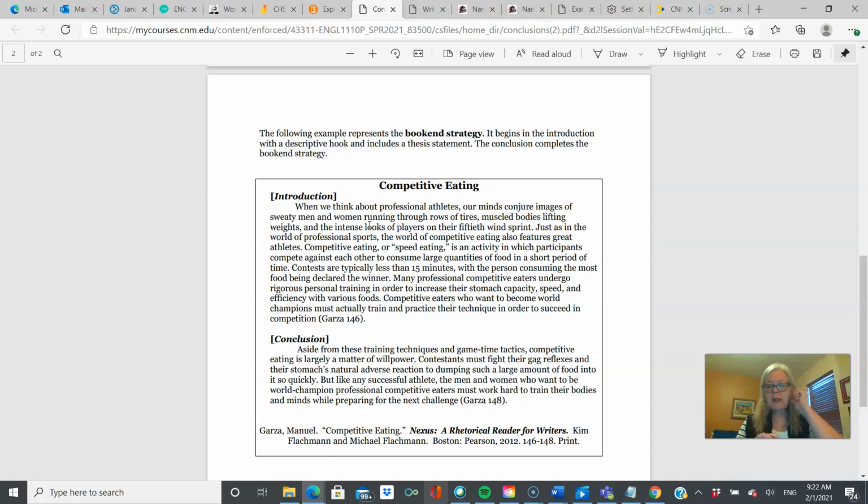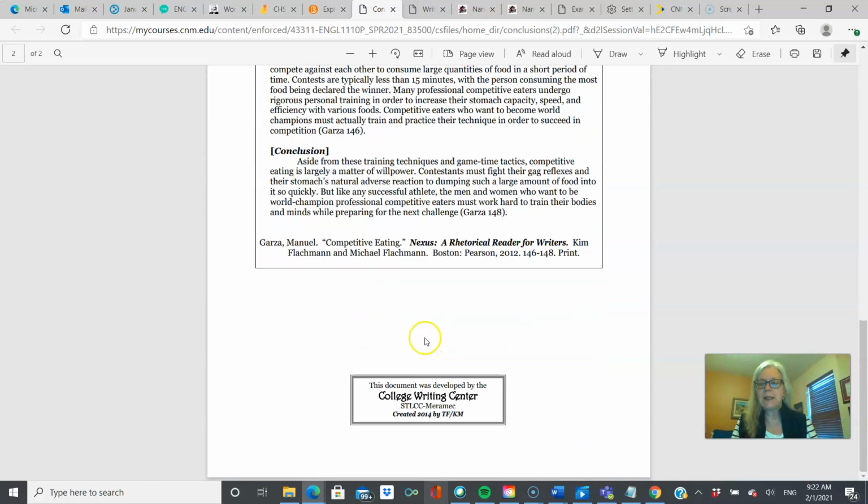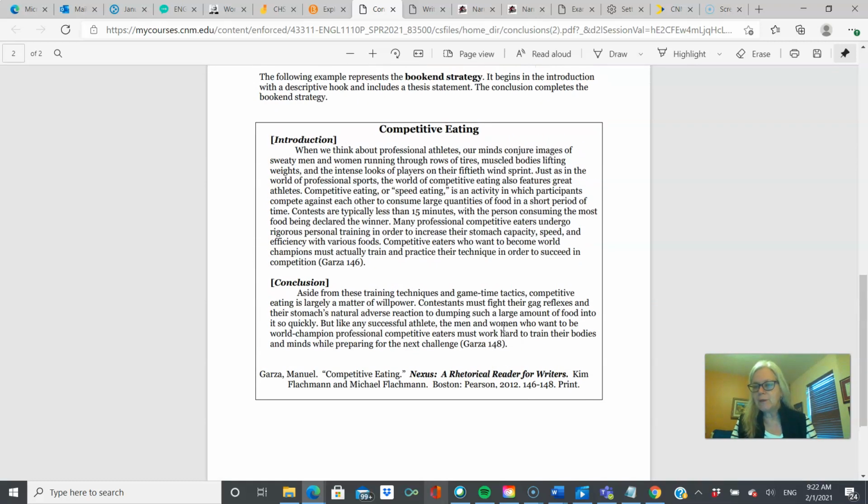It's an echo. Here we have a description of competitive eating in the introduction, and then a reflection at the end about that. Please take a look at these relationships between beginnings and endings. I'm not going to read this out loud to you because you're smart people and you can read it yourself.